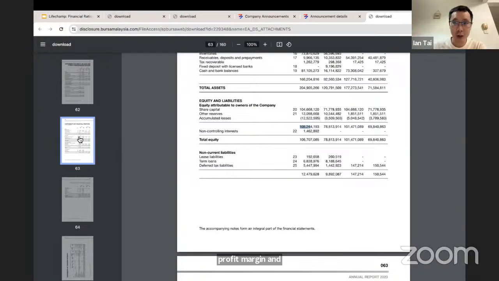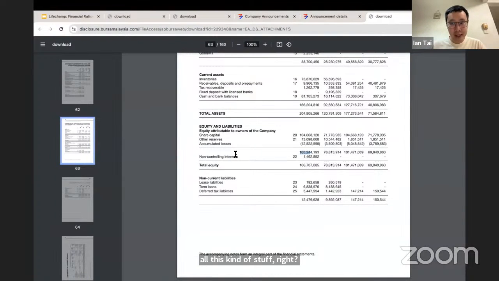That is why we calculate financial ratios, to identify all this kind of stuff. But coming back to current ratio, it definitely has enough resources to stay on for the time being. So that is the case for Clasita.